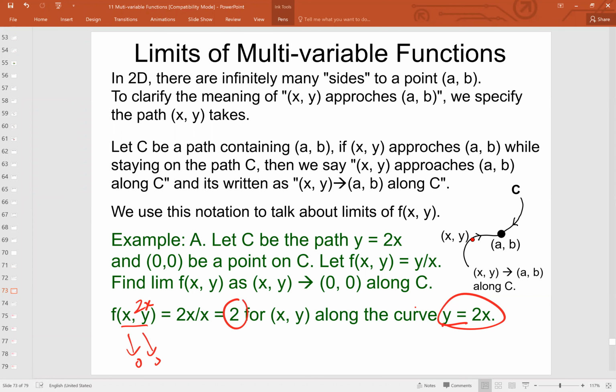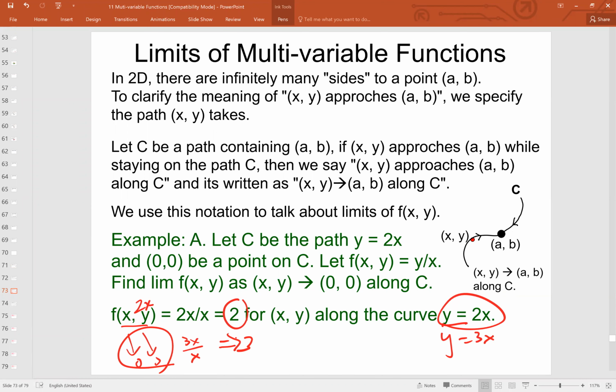It's always 2. But if I were to choose the curve y equal to 3x, then the limit will be 3x over x as x approaches 0, and that will go to 3.